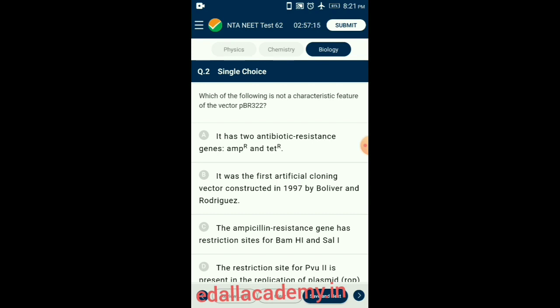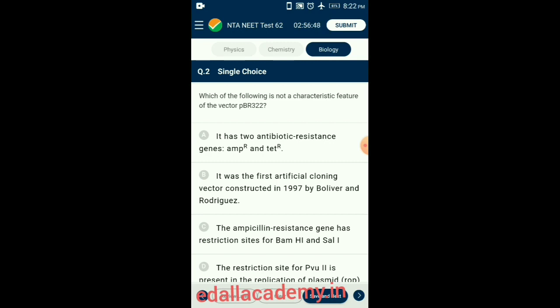Plasmid pBR322 contains two resistance genes, namely ampicillin resistance, that is the AmpR gene, and tetracycline resistance, TetR. These resistance genes are used as selectable markers. Besides, this plasmid pBR322 has a variety of unique recognition sites for restriction endonucleases.